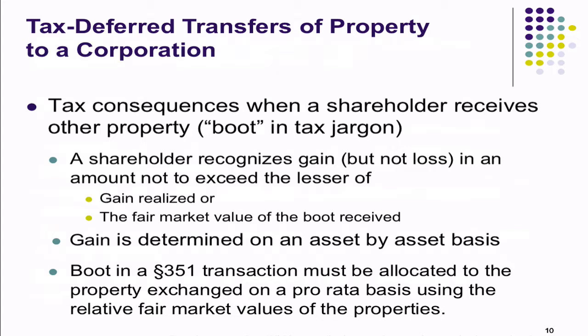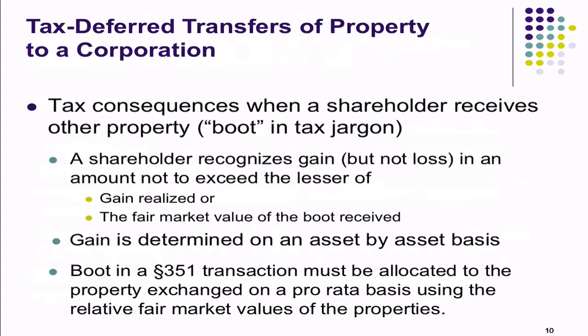Okay. Let's look at the tax consequences when a shareholder receives other property, the boot in tax jargon that I talked about a little bit earlier. A shareholder recognizes gain, but not loss, for the reasons I just explained a couple of minutes earlier, in an amount not to exceed the lesser of gain realized or the fair market value of the boot received.